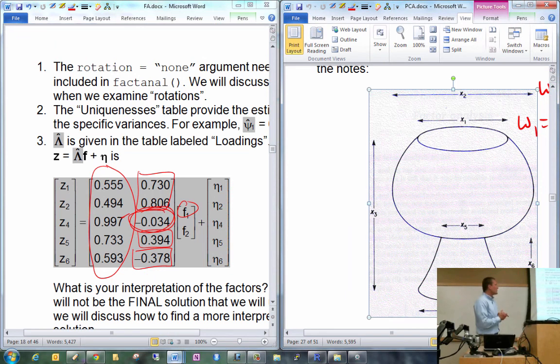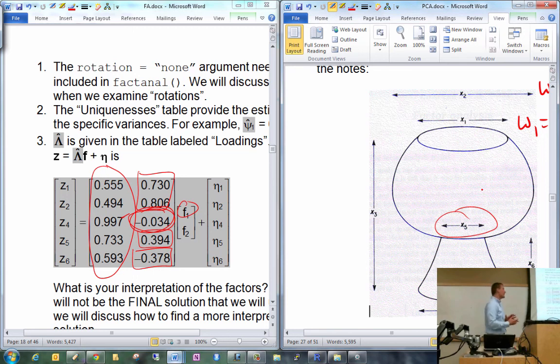So what we see in this particular case for common factor number 2 is that it's representing essentially the cup of the goblet, and also where the goblet is connected to the base. It's that versus Z6, which represents the height of the base. Essentially, the width of the base isn't playing a role. And we found somewhat similar things when we were doing the principal component analysis too.